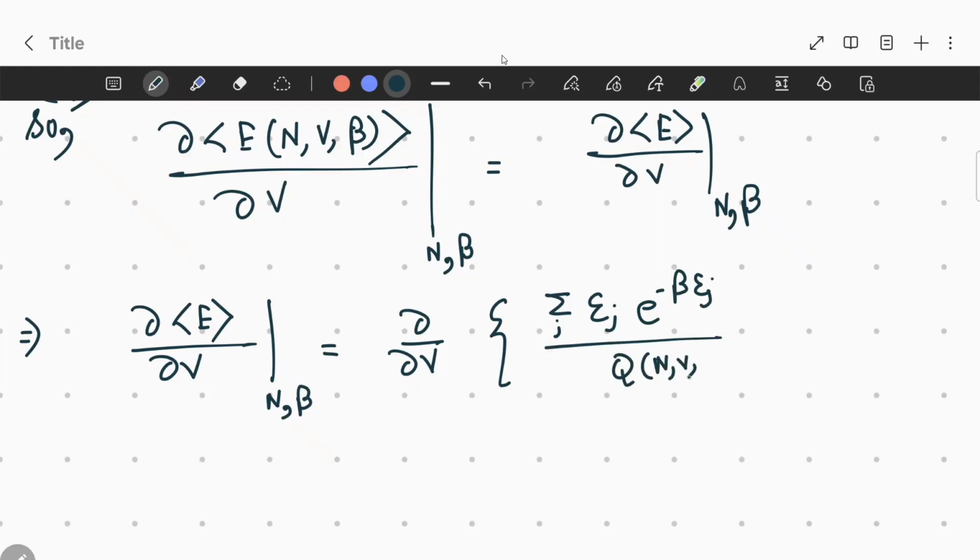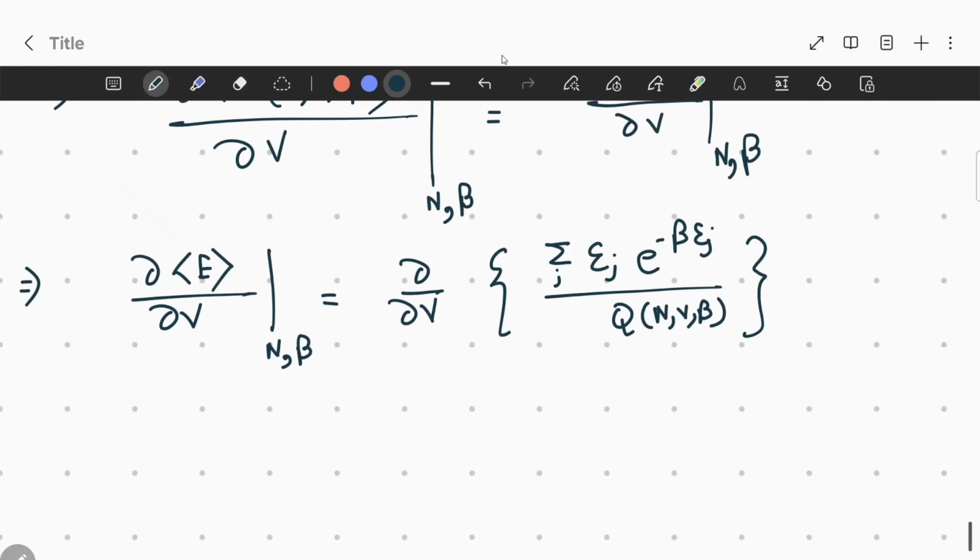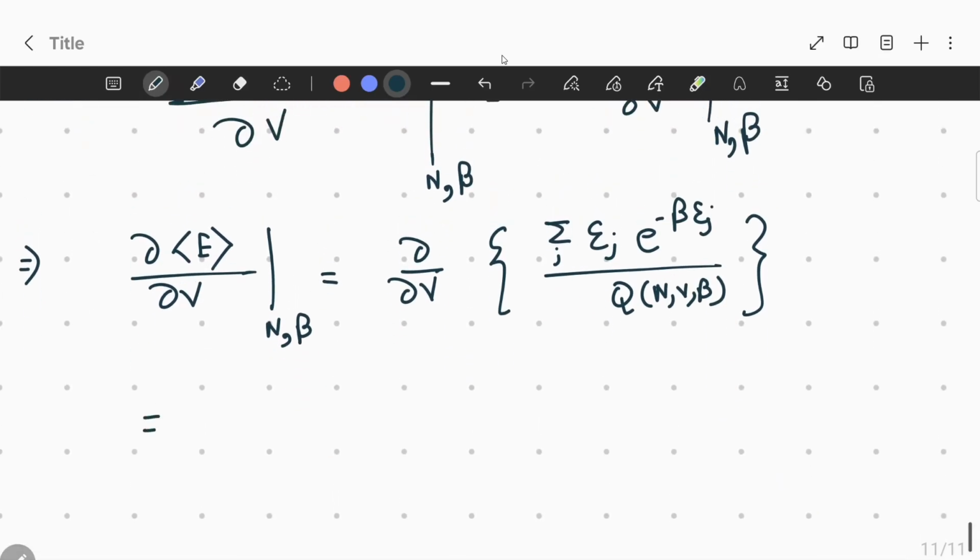So Q is also a function of V. That will also be part of this differentiation.